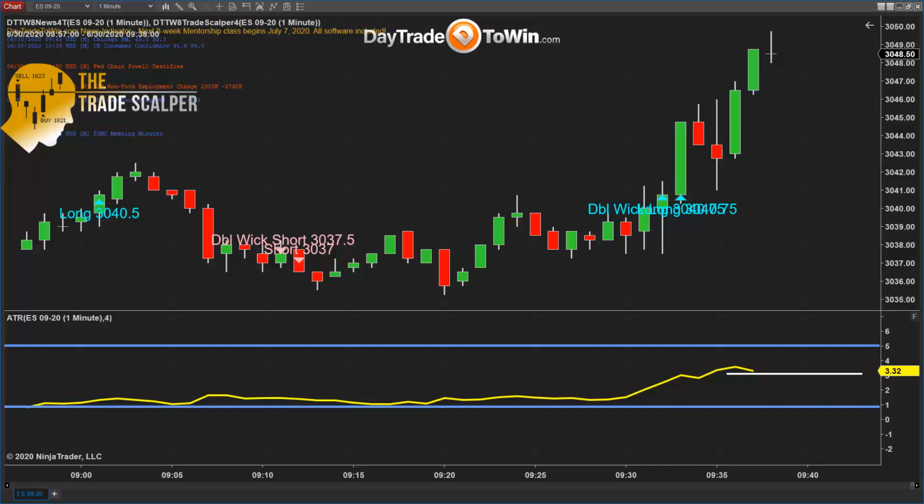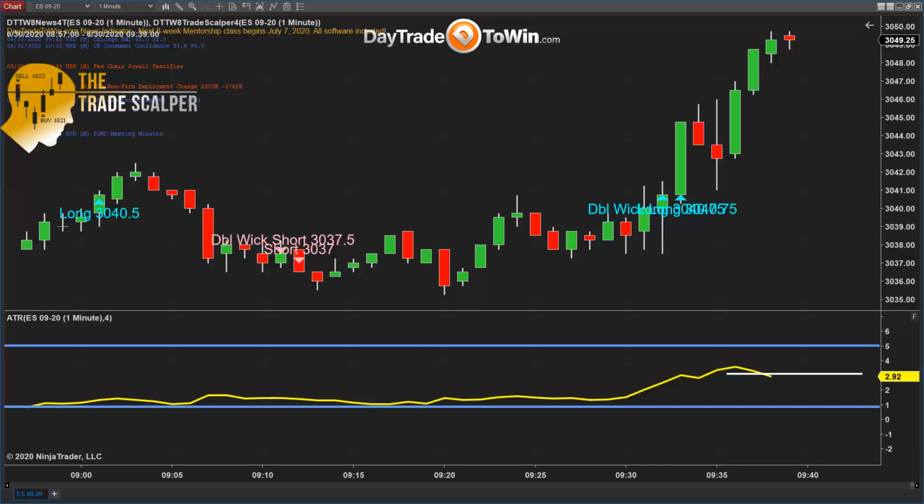So the only real difference, because the data is the same type of data and the same type of entries, except for the limit order fills. Because when you get filled on a limit order live, it's a little different. Actually, sometimes it's better on a live account as opposed to the simulator. So if you're doing well on the simulator using the Trade Scalper, you can expect similar results, except for when using limit orders, because you have to wait for your turn to get filled.